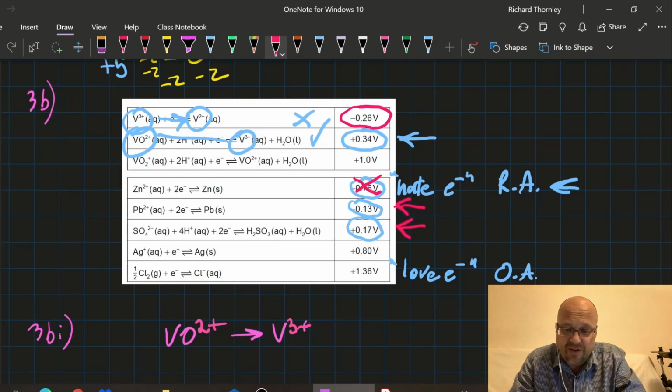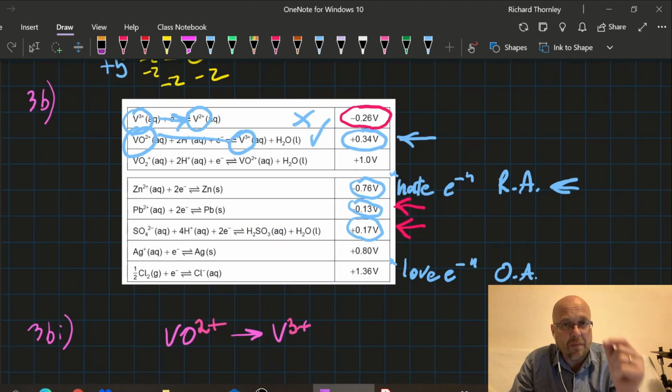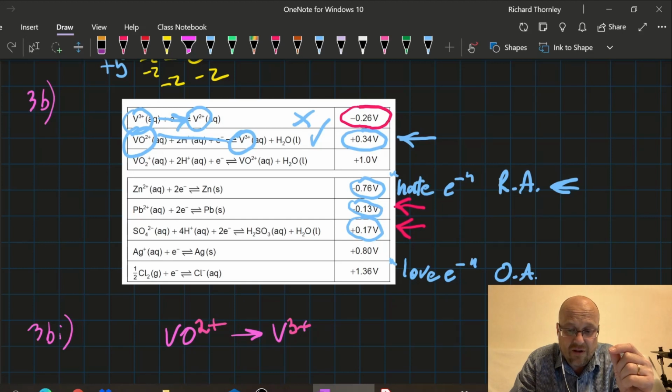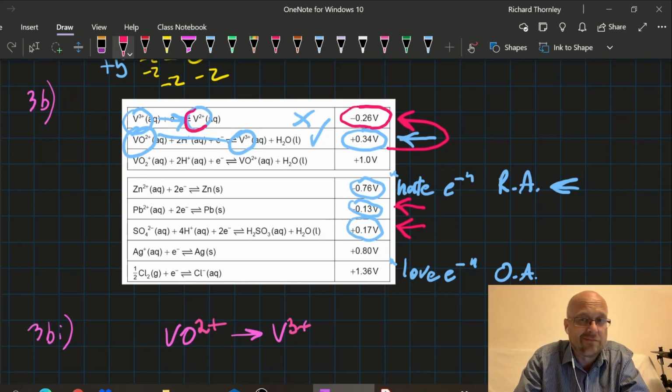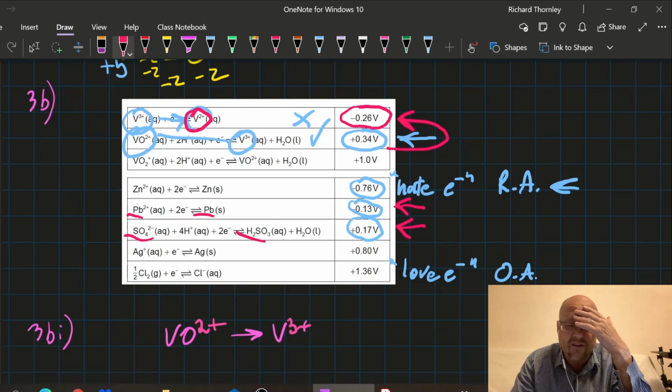The problem with the zinc is that it's got such a negative number, it's such a good reducing agent, it would push the equation down those 2 steps to make V2+. Don't want that. We're not done for my 1 point. Now what is it? Is it the lead 2+ or the lead or the sulfate or the sulfurous acid? Which one of these is the reducing agent, which is itself oxidized?